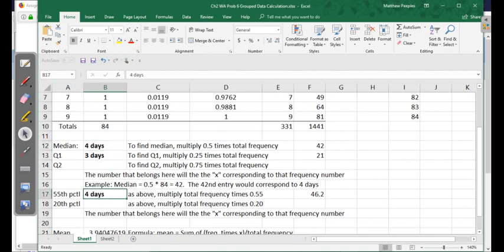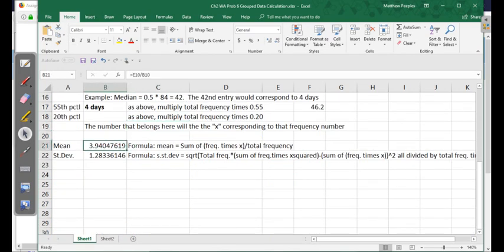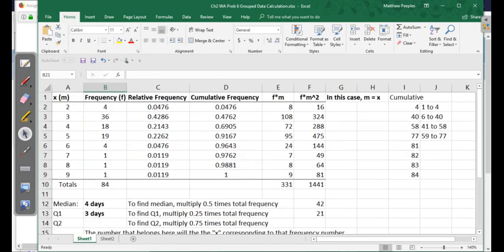Okay, let's go down here. I worked out some numbers for my mean and standard deviation. I'm going to have to show you these ones again, so let me redo them. If you're going to find your mean, what you're going to do is take the frequency times the midpoint.